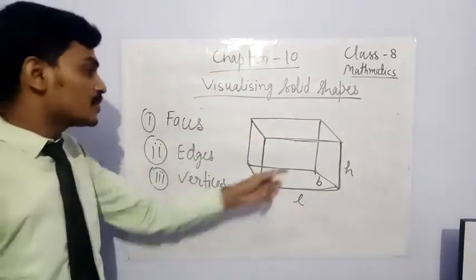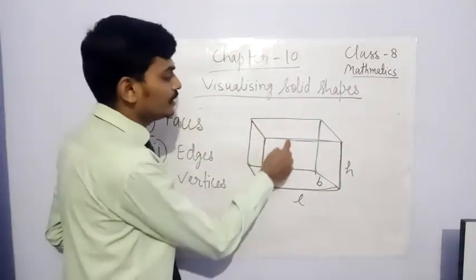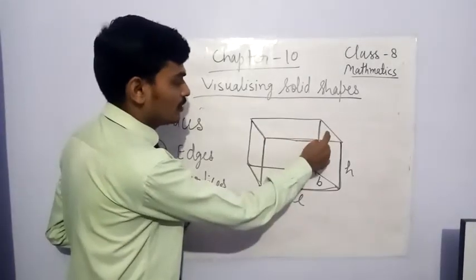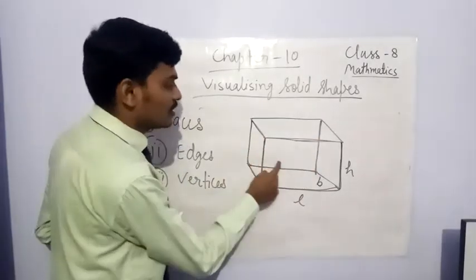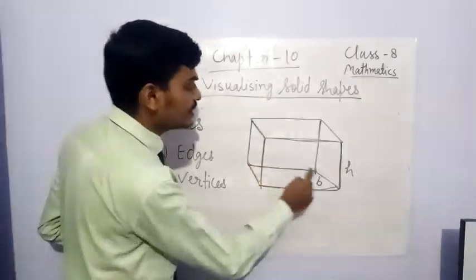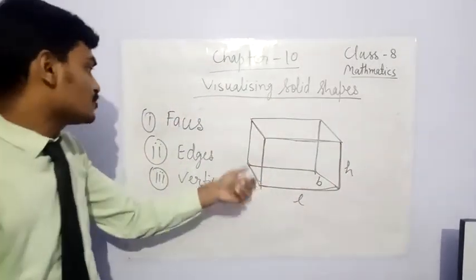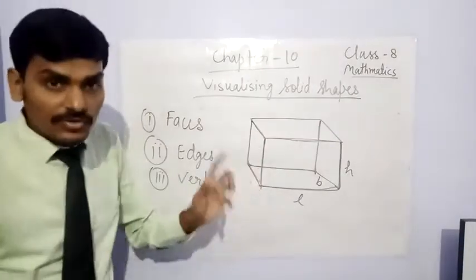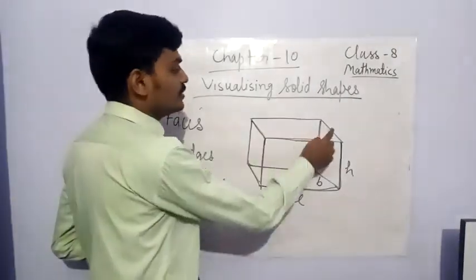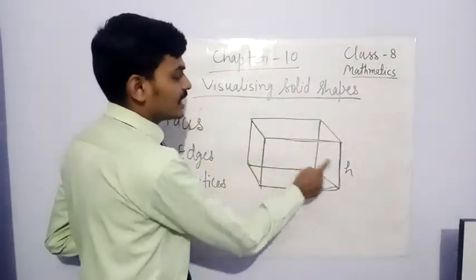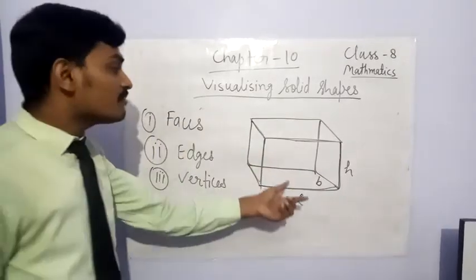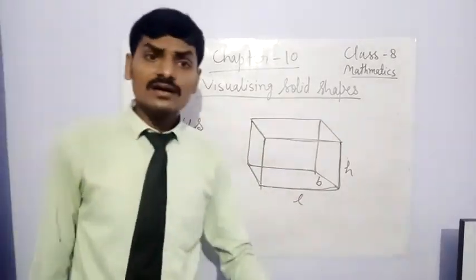How many edges are present in the cuboid? 1, 2, 3, 4, 5, 6, 7, 8, 9, 10, 11, 12. So there are 12 edges present in the cuboid.